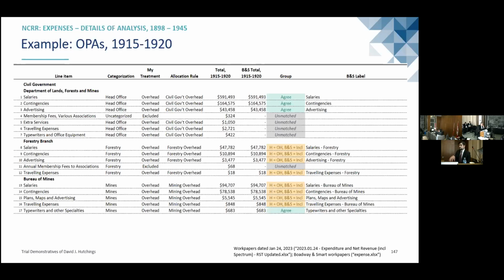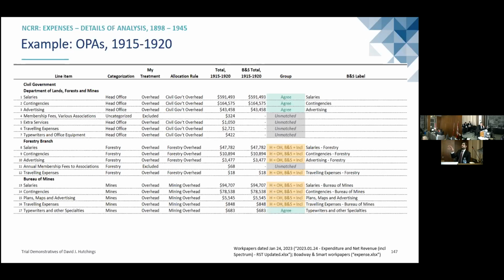Okay. So the salaries of the Bureau of Mines support many parts of the Bureau of Mines. So what's an example that's not relevant for mining in particular? Gas inspectors at this time rolled up into the Bureau of Mines. And we know there was no natural gas activity in the RST. Right? So we're going to come at a later point. So there are no gas inspectors there. Exactly. So in a later bit, I will exclude gas inspectors.